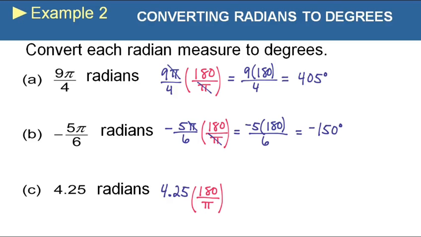We end up punching 4.25 times 180 divided by pi on the calculator, and it is approximately 243.51 degrees. That's approximate because, of course, pi produces lots of decimal places and we have to round off.